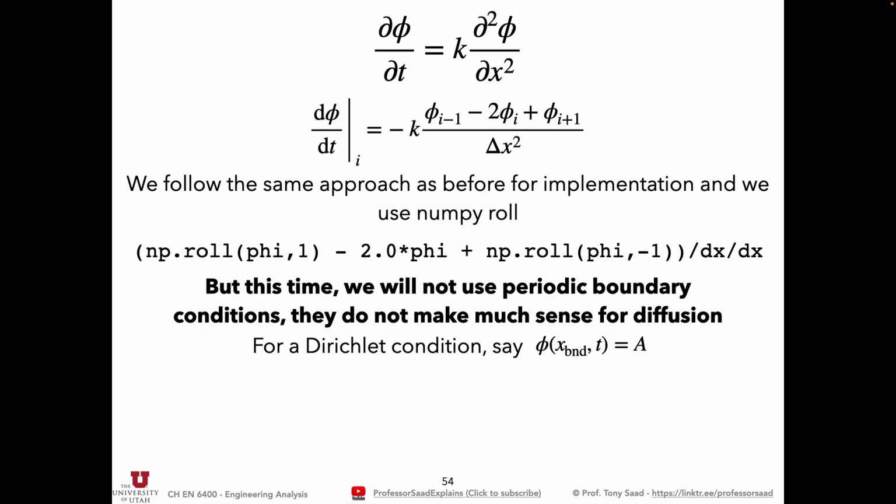If you are given a fixed constant value at the boundary, so phi at the boundary for all times is constant, then what is the ODE that will give you a constant? It is d phi by dt equals 0, because the solution to this ODE is phi equal to a constant. How do we set that constant?